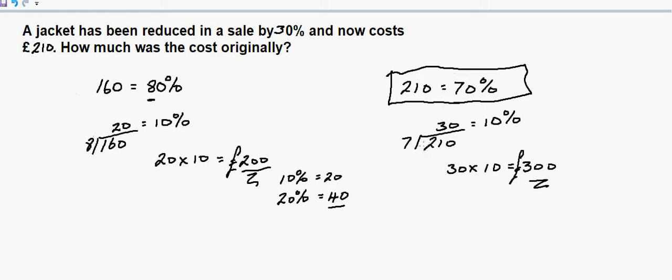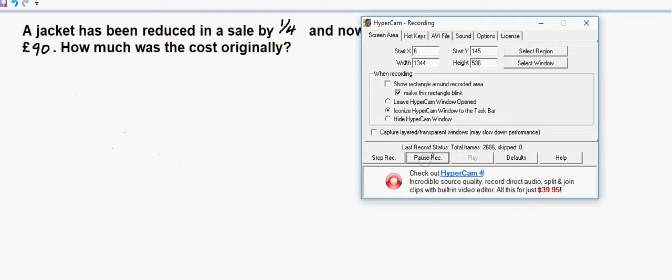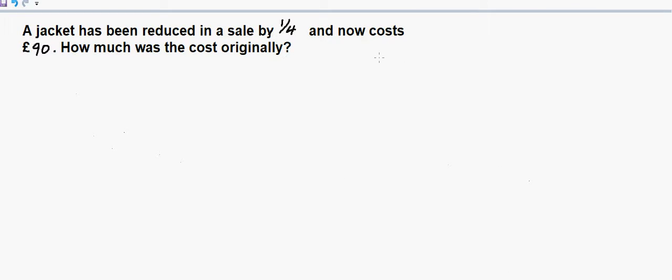Okay, so I'm just going to pause the video for a second. The reason I paused it is because if we get fractional amounts, we do it in an almost identical way. So a jacket has been reduced in the sale by a quarter.